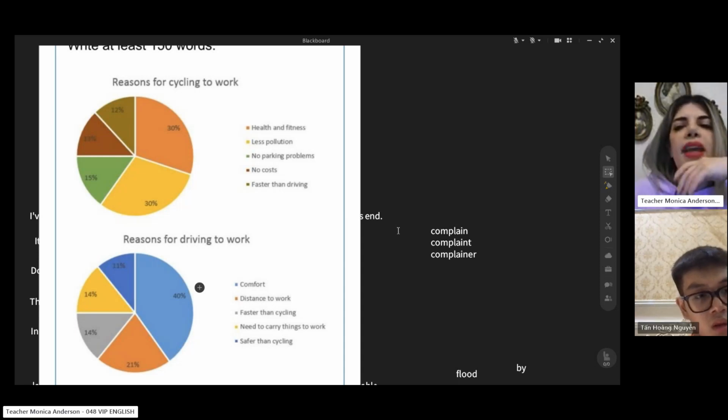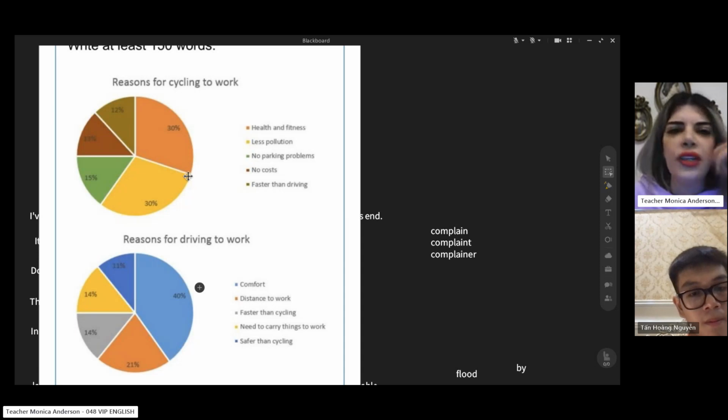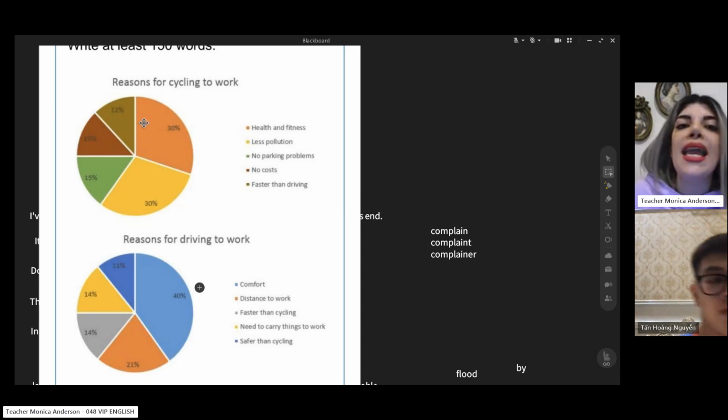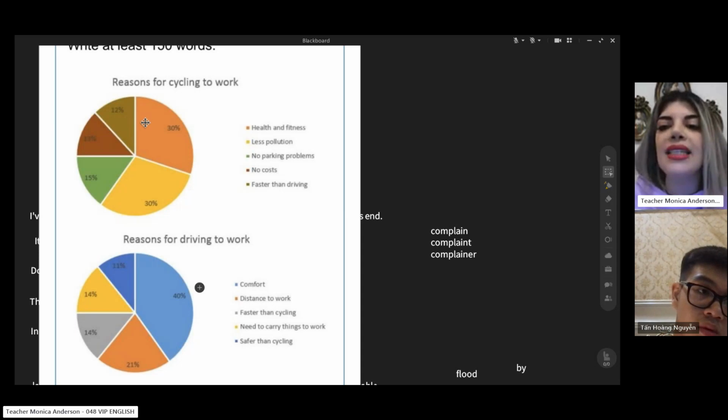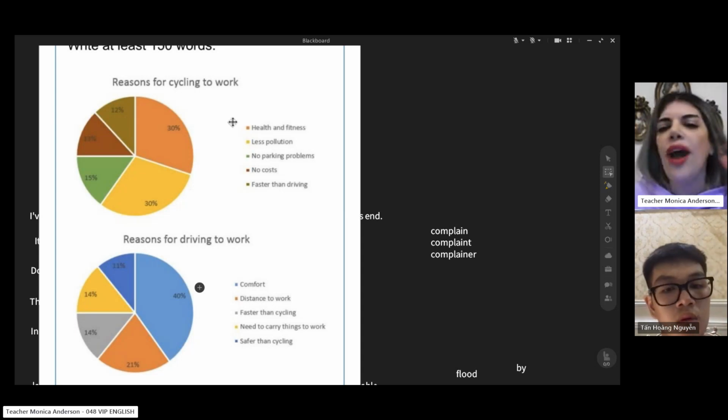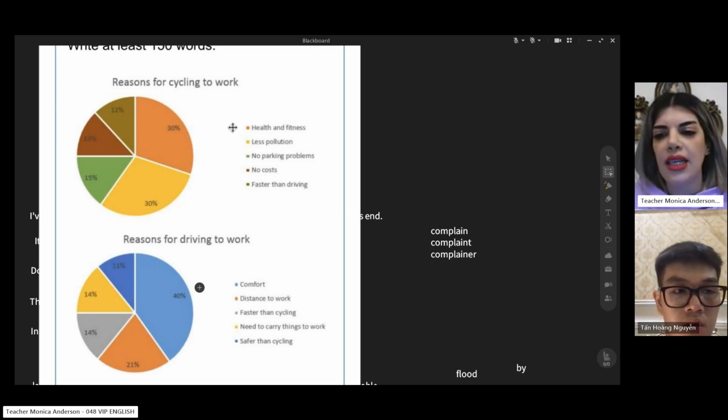If I want to write something, I say the largest proportion of people who cycle have made, you can use present perfect, has made this choice for health and fitness, or for example, environmental reasons.